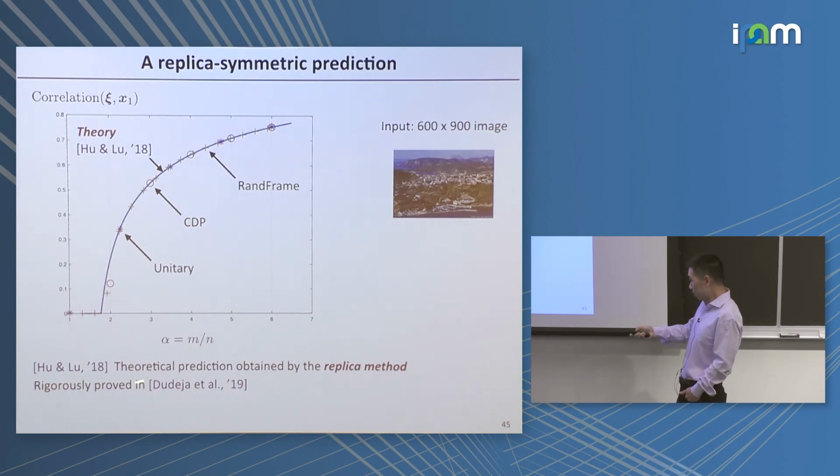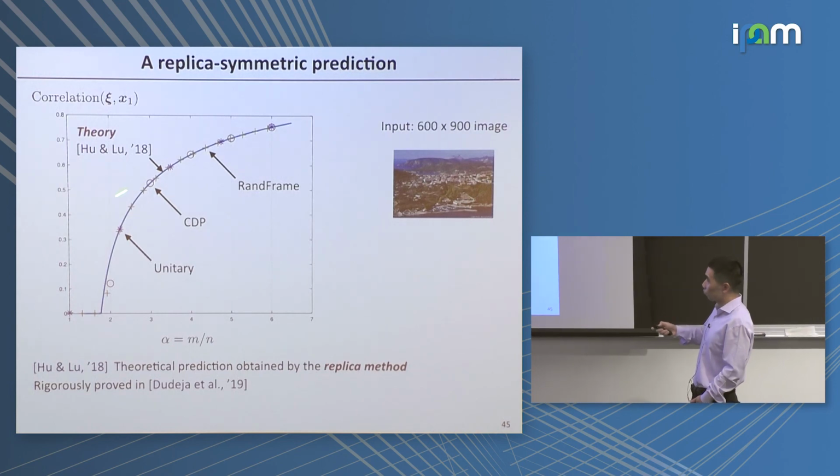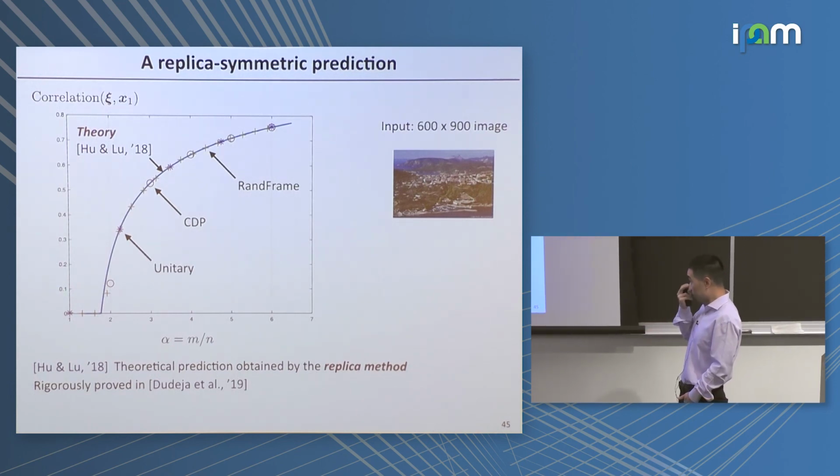And I want to mention that we did a replica method, and early this year there is a paper from Arian Maleki's group. Arian and his students rigorously proved this prediction using an application of free probability theory.